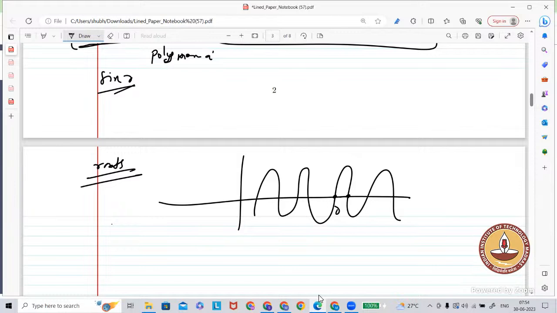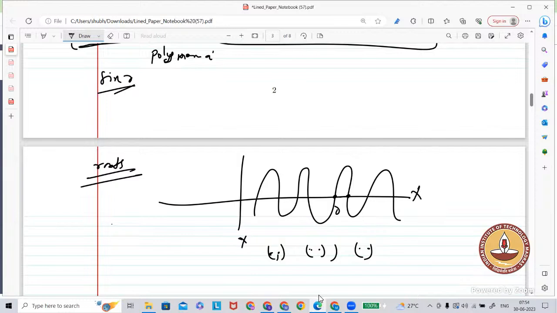See this, if you draw the graph, suppose this is the y-axis, this is the x-axis. The x-axis is the input set and the y-axis is the output set, and using that you make points and draw the graph. Input, output, input, output you get, and by joining these points you make a graph. So the points where the function value is 0, that is called the root of the polynomial.